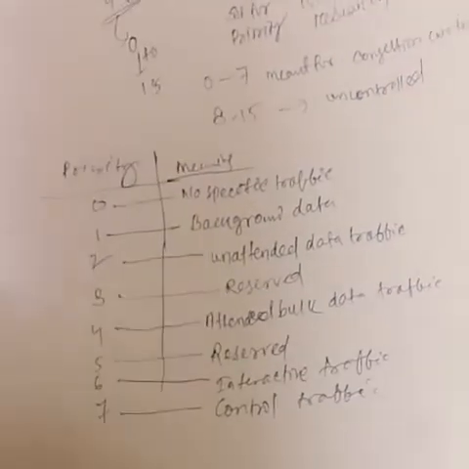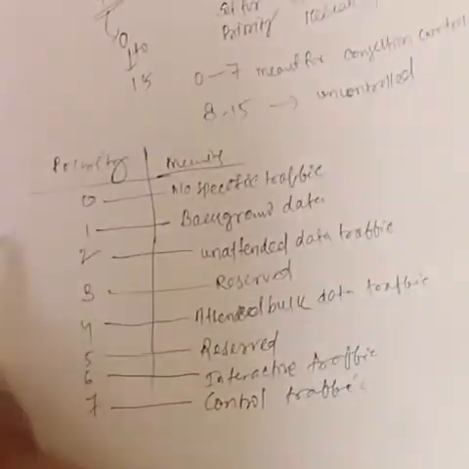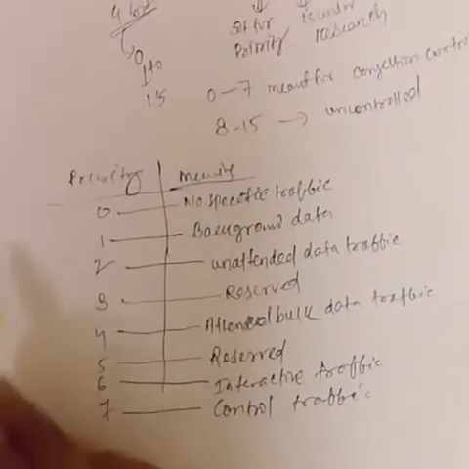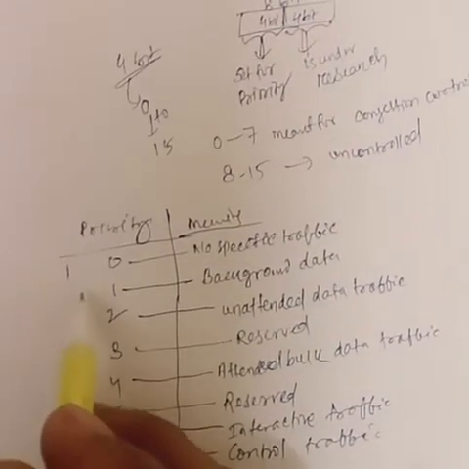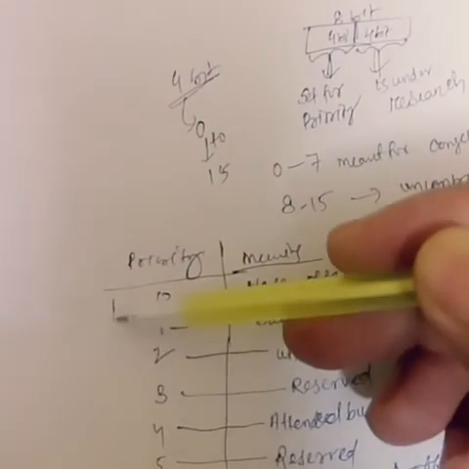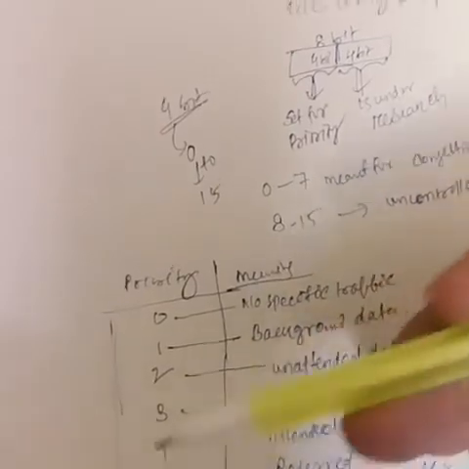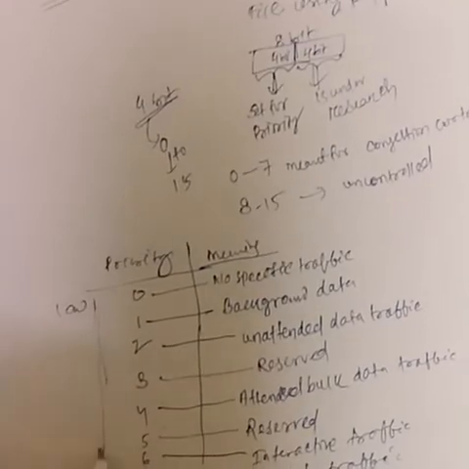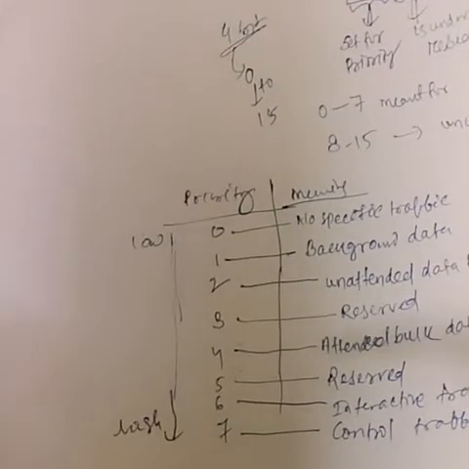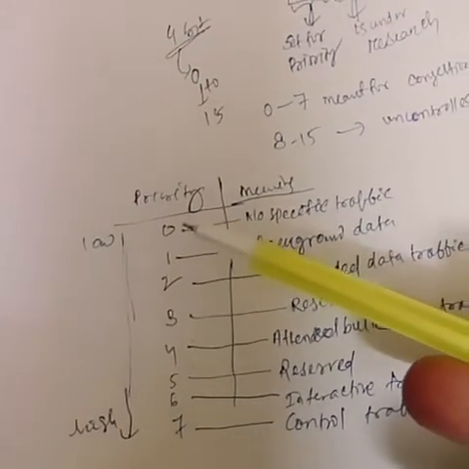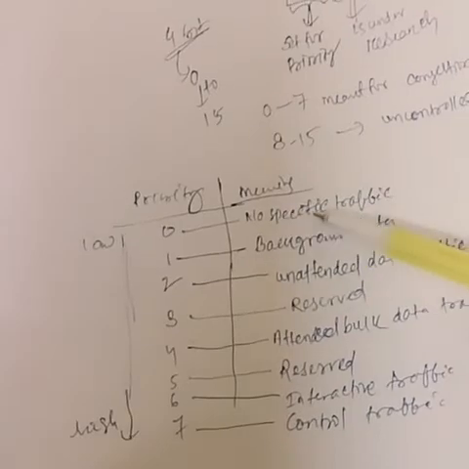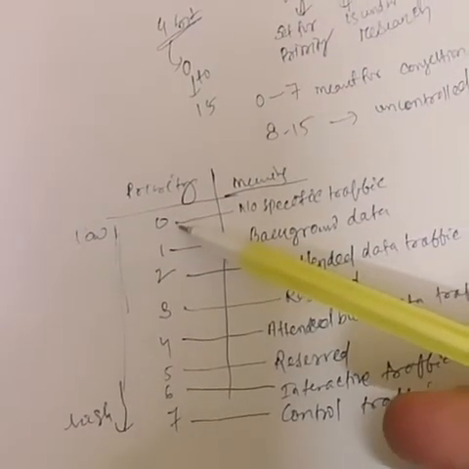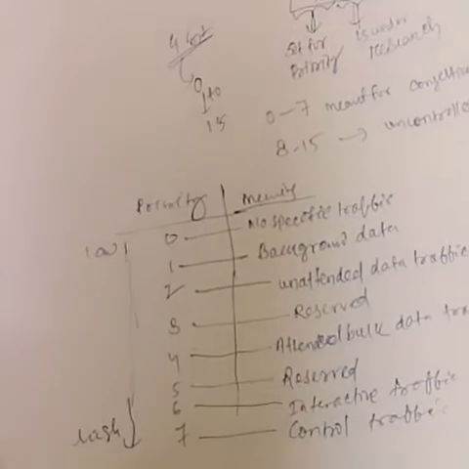This scale goes from low to high, low priority to high priority. 0 has low priority. That means no specific traffic is given low priority, having value 0.